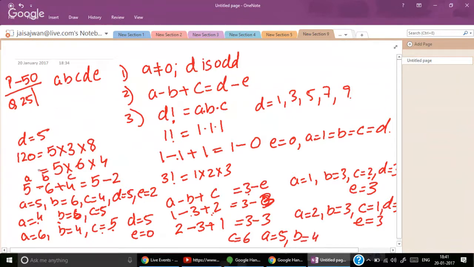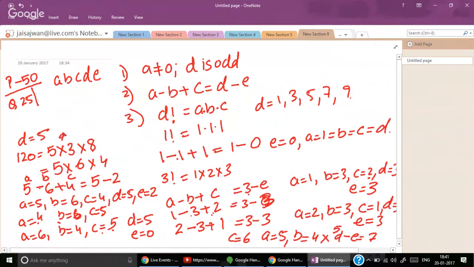You can cross check it. C would be 6 plus 5 is 11 minus 4. 11 minus 4 is 7, which is not possible. So this cannot be a possible case. Why? Because D minus E cannot be equal to 7 when you are expecting D to be equal to 5. So this is ruled out.